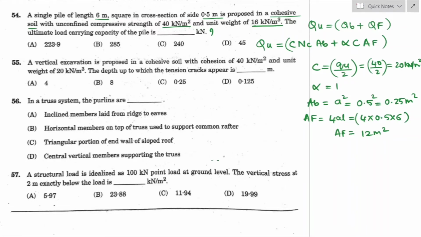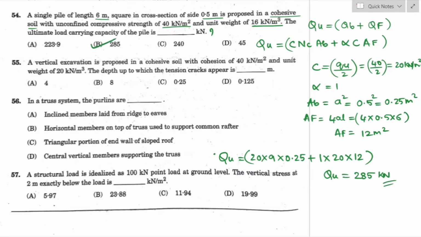Substituting these values, the ultimate load carrying capacity of a pile: C value is 20, NC value is 9, the bearing capacity factor, area of the bearing is 0.25, plus alpha value is 1, C value is 20, area of the friction is 12 meter square. On solving this, the ultimate load carrying capacity of the pile will be 285 kilonewtons. So option B is the right answer.